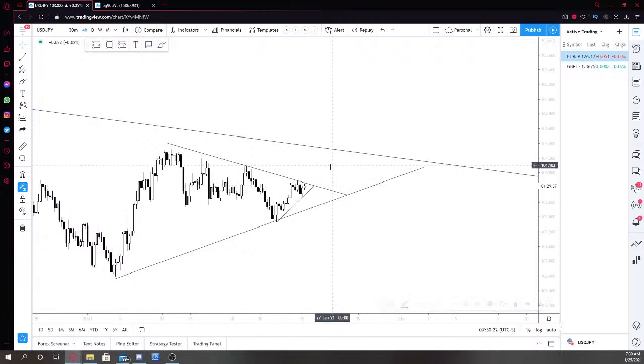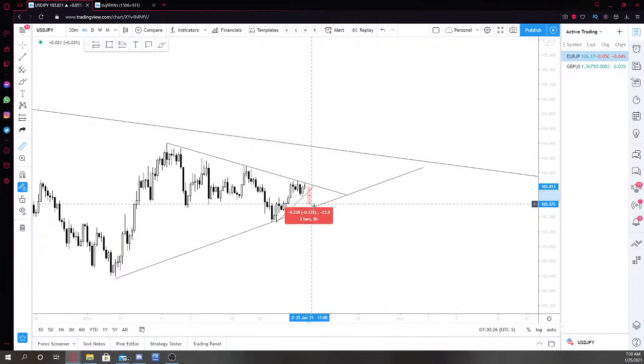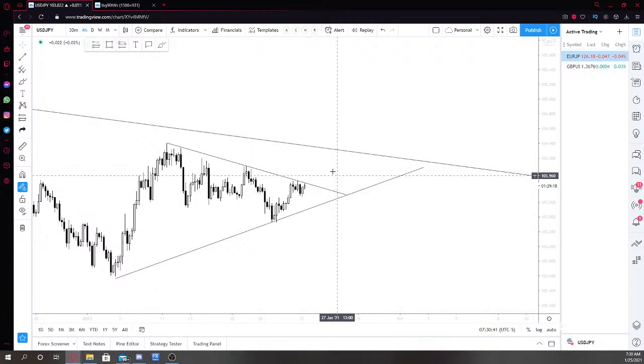Now the sell wouldn't be too ideal because you have an area of resistance here, right here, so that wouldn't even be a 30 pip move because the trend line is just so close, it's not even really worth it, unless you have a really small stop loss.